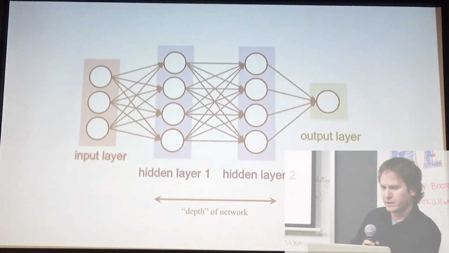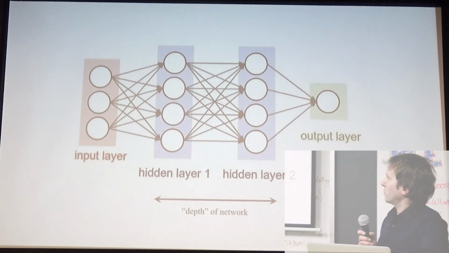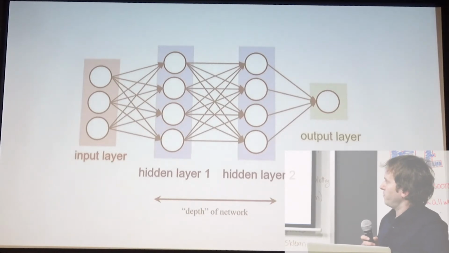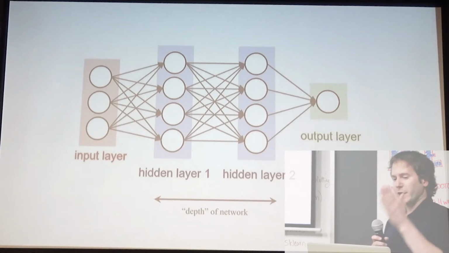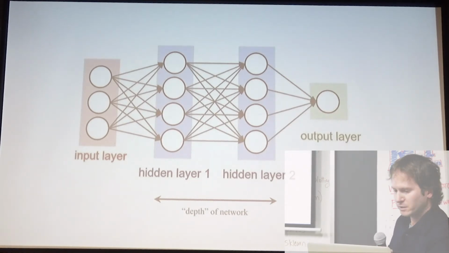This is a schematic of what a normal neural network would look like. It's a model that takes input and maps it to some sort of output. The really important characteristic of it is what's called the depth, which is how many layers you put in a row to take your input and do this mapping.